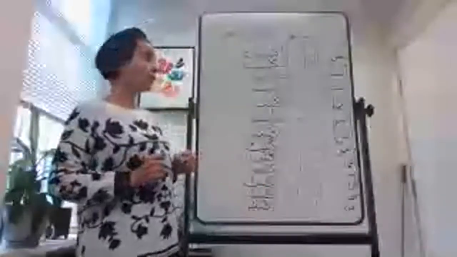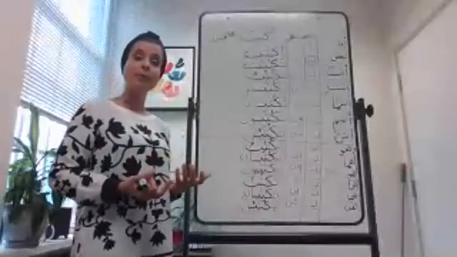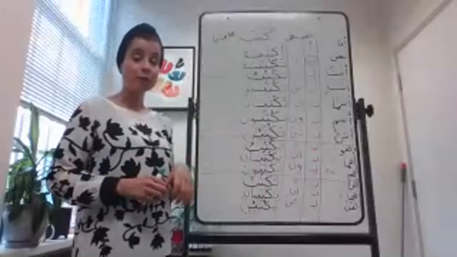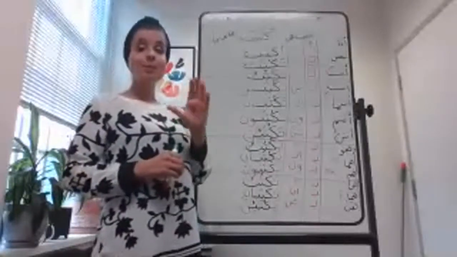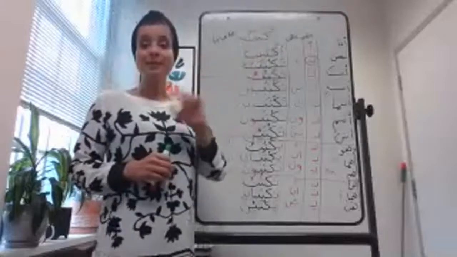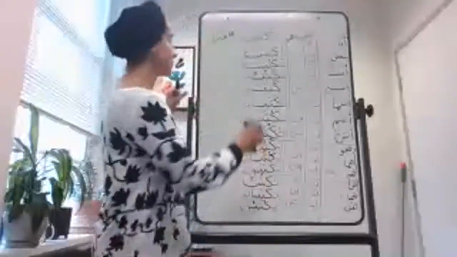Okay? So now I'm going to show you how to conjugate an assimilated verb in Arabic. What do I mean by assimilated verb? An assimilated verb is a weak verb, and its first root letter is a vowel. Okay? So I'm going to erase this side.